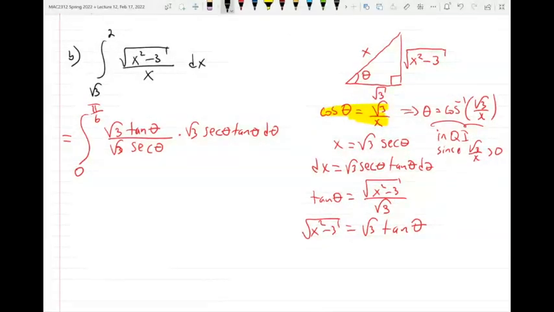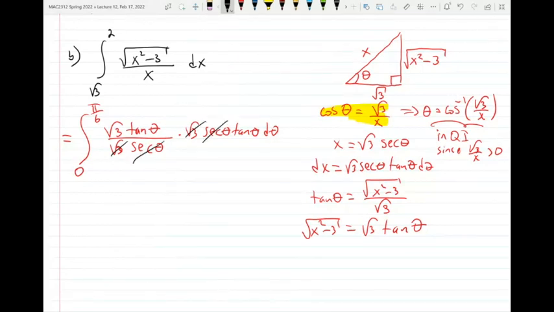Okay, so now let's see. We get some happy cancellations. Right? Secants are gone. Square root of 3's are gone. So we get square root of 3 comes out from 0 to pi over 6 of tangent square. How do we do this integral? How do we integrate tangent square?